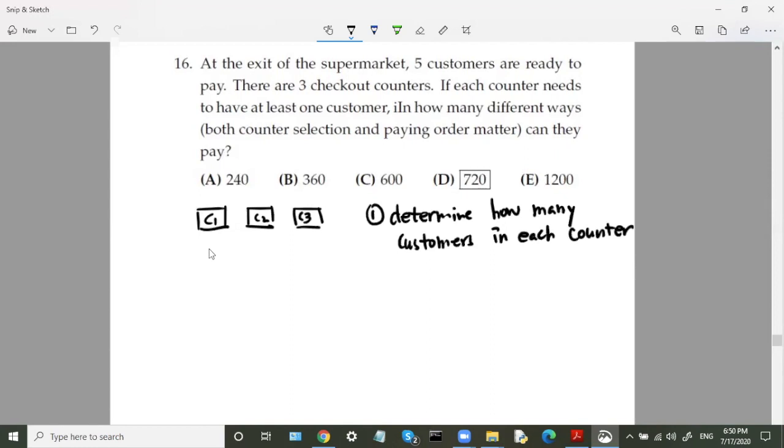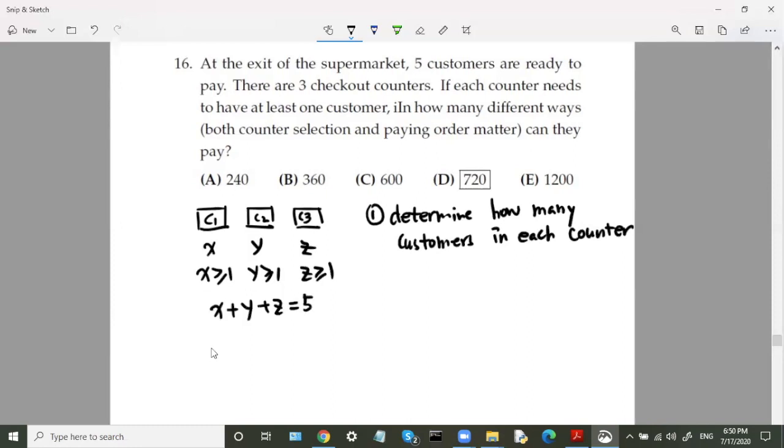So let's say there are x customers in counter 1, y in counter 2, z in counter 3. So we have x greater than or equal to 1, because each counter needs to have at least one customer. So y, z are all greater than or equal to 1, and x plus y plus z equals 5.